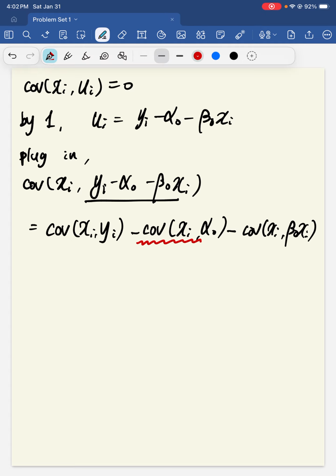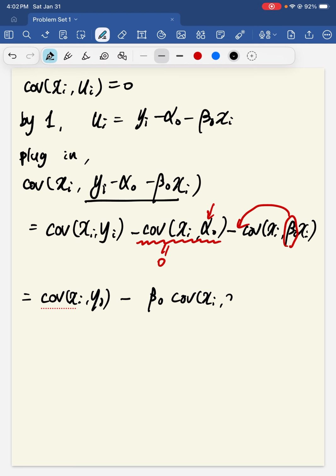Then this covariance is 0 because alpha 0 is constant, it is not random, so it does not allow any covariance. It does not move, so it does not co-move with anything. Therefore, it is 0, and beta 0 is a multiplier, so it can go out of the covariance. So covariance x y minus beta 0 covariance of x and xi is what we get. That should be 0, right?